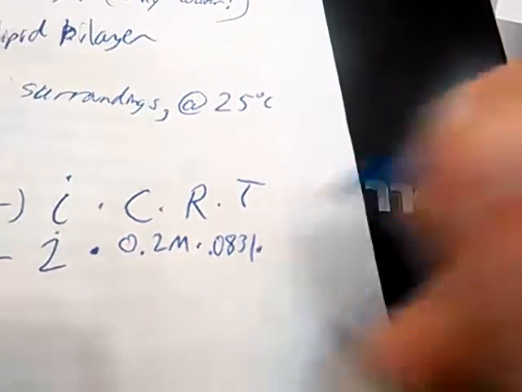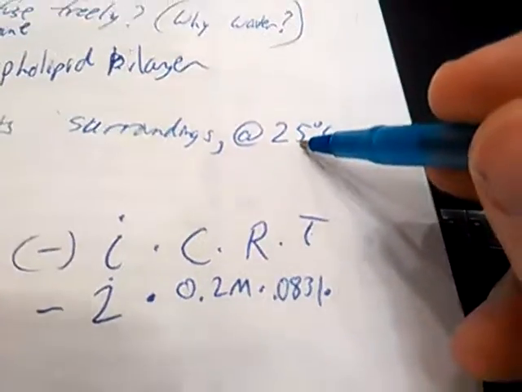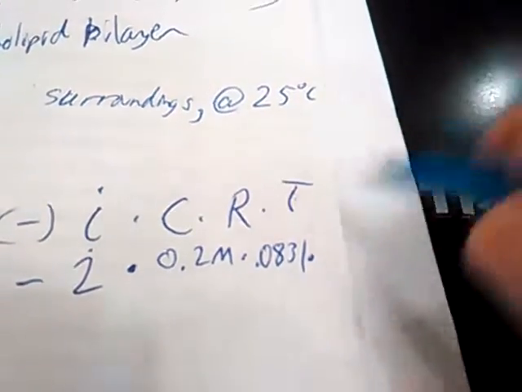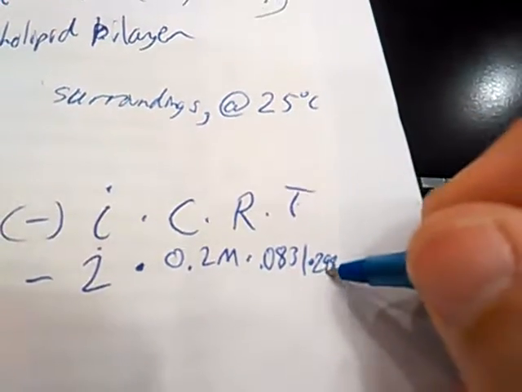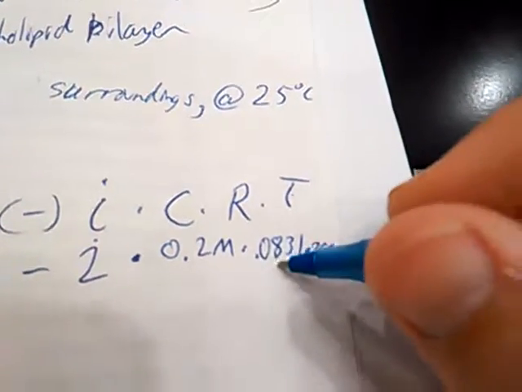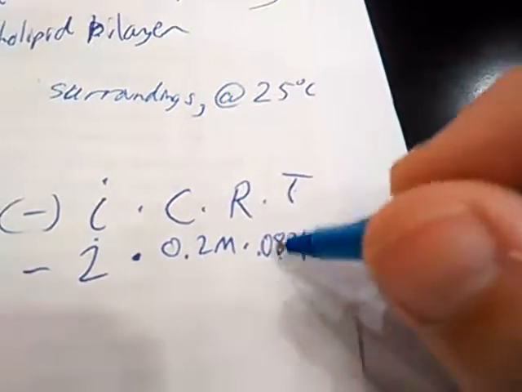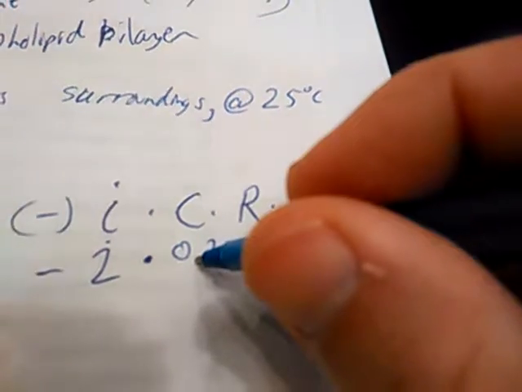0.0831. I'm not going to worry about my units because I'm running out of space. Times the temperature. It's at 25 Celsius. 25 plus 273 is going to be 298 Kelvin. All right, so again, I've got 300 times about 0.1, so it's going to be about 30, times 0.2, which is 1/5.